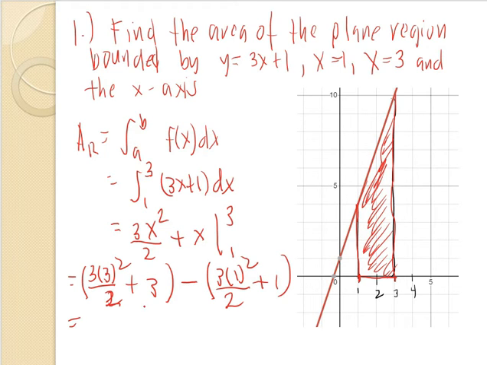Solving this, we will get 16.5 minus 2.5. So our area for the plane region is equals to 14. And our unit of measurement is square units since we are solving for the area. Take note that the sign of the area should be positive or its absolute value.